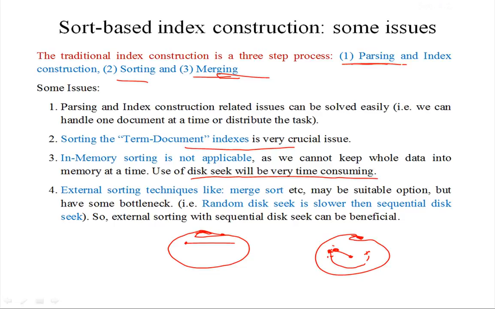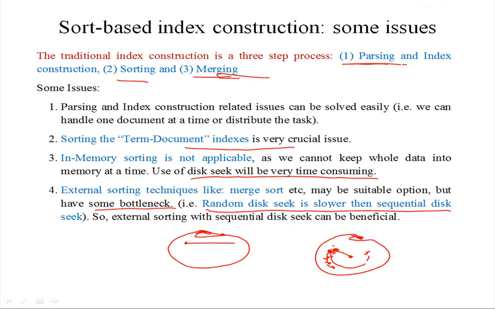There are some external sorting techniques like merge sort, etc. that may be a suitable option, but they also have some bottlenecks, like a random disk seek is slower than a sequential disk seek. Sequential disk seek means suppose the starting point exists here, then the next point exists here, then here, then here. The head will take one move, and data accessing, searching and fetching will be fast.